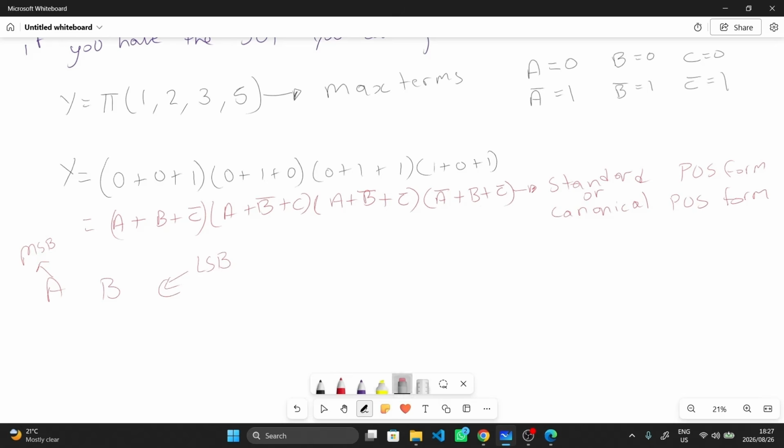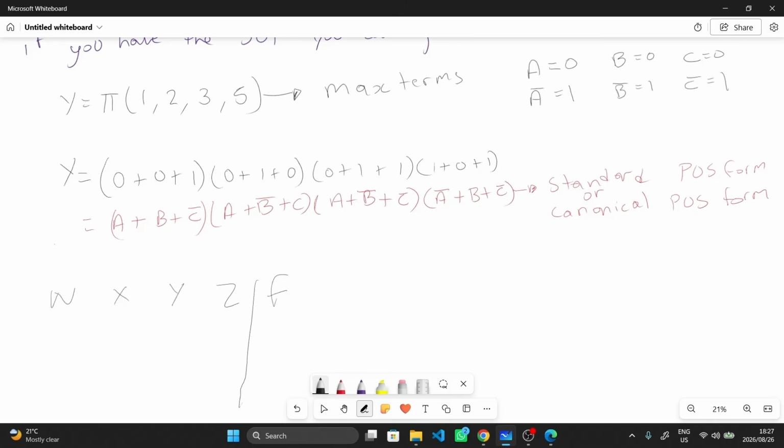Or you can have four inputs. Let's say you can have W, X, Y, Z, right? Then your output function F, right?